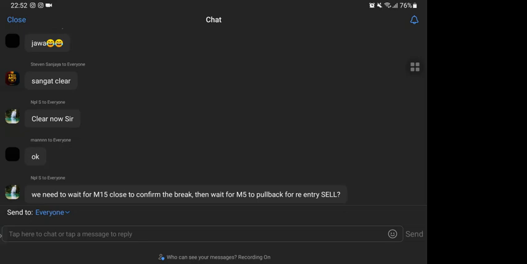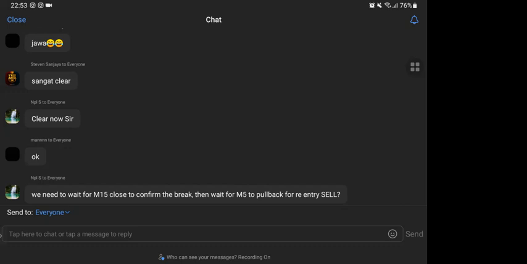Tiba-tiba kita nak entry buy, dia lompat daripada sell tu, ambil entry kita terus belah. Tak ada. Dia akan jalan. So on the way dia jalan. Kita kena tunggu lah. Terima kasih. No problem. Okay.